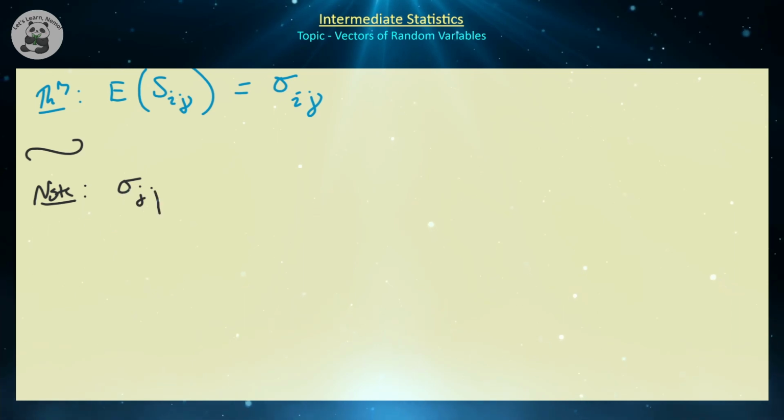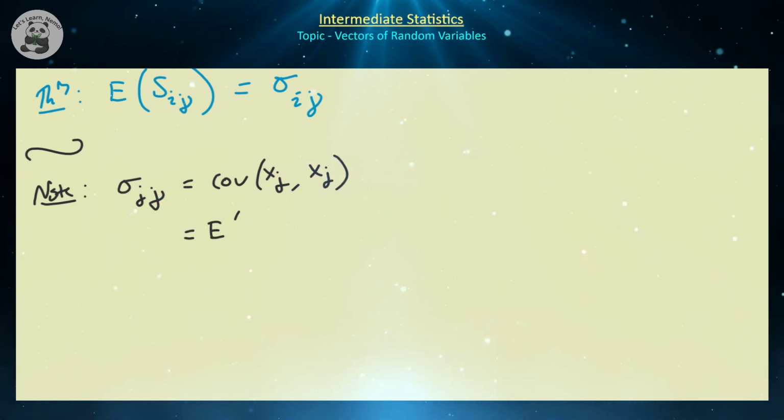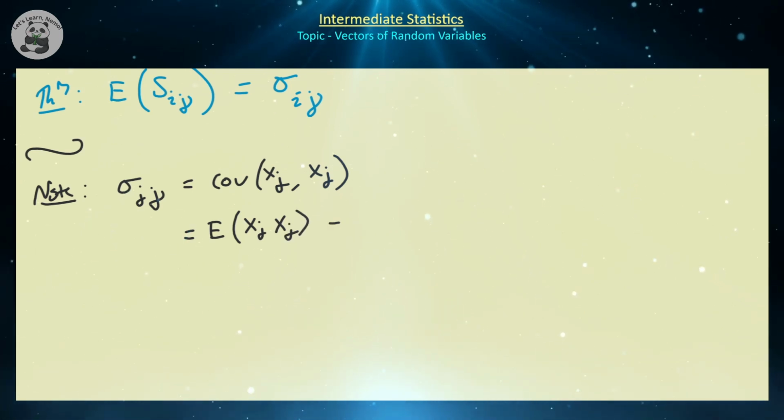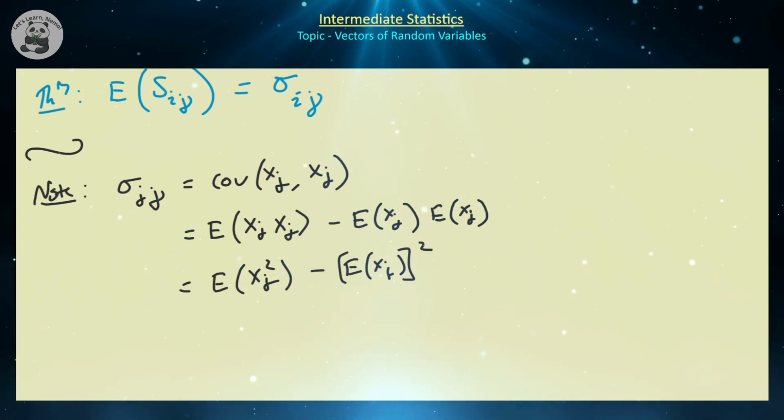So if we have sigma jj, what exactly does this represent? Again, this is just an equivalent way of writing the covariance between xj and itself. And that's defined as the product moment between xj with itself minus the product of first moments between xj and itself. And obviously that's equal to the expected value of xj, the quantity squared, minus the expected value of xj, the quantity squared.